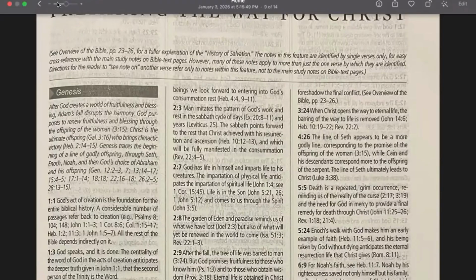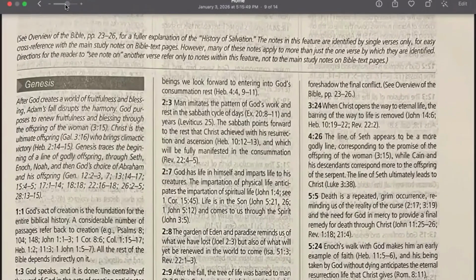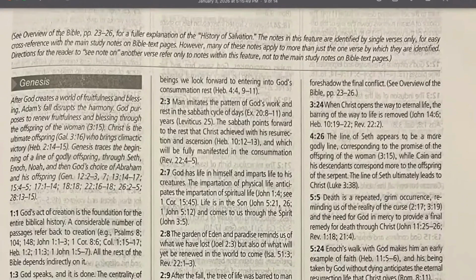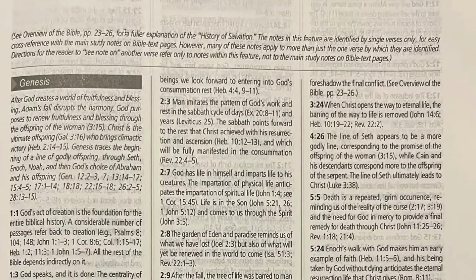We went over the overview of the Bible, which gave a history of salvation, on Prep Day 2. It talks about salvation through the scriptures.